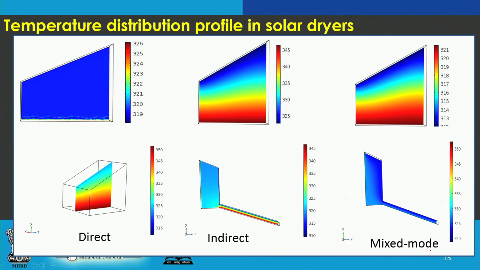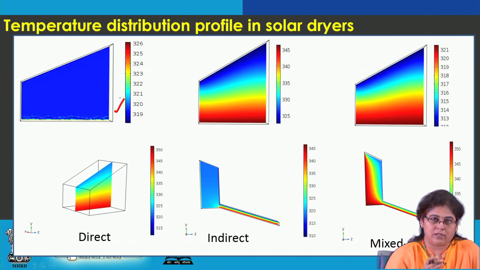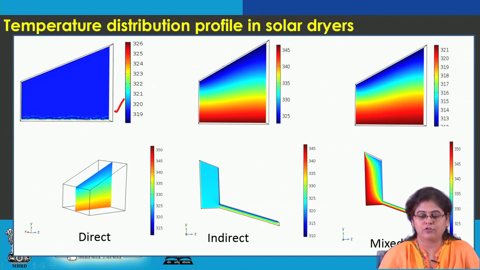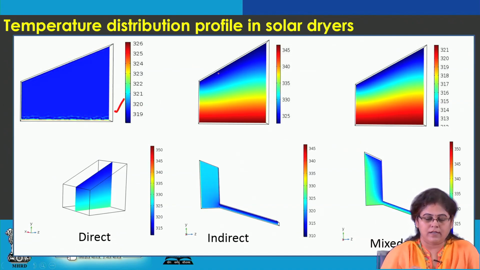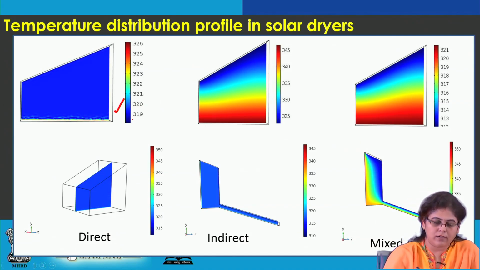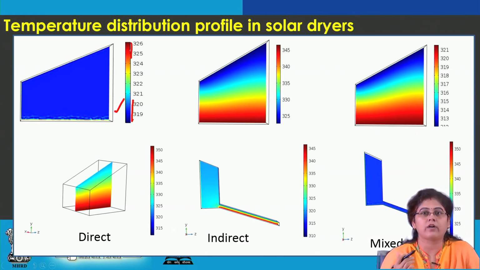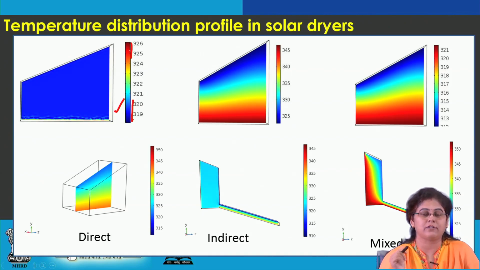As can be seen, in the initial stage of the experimentation the temperature is uniform throughout, as shown in this first picture. But as time progresses there is temperature variation throughout the dryer. So, this blue color represents the coldest zone, whereas the red color represents the hottest temperature inside the dryer.